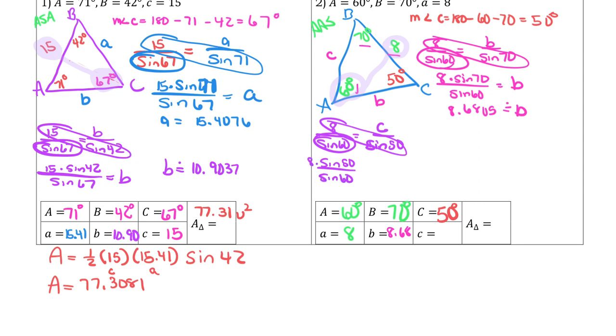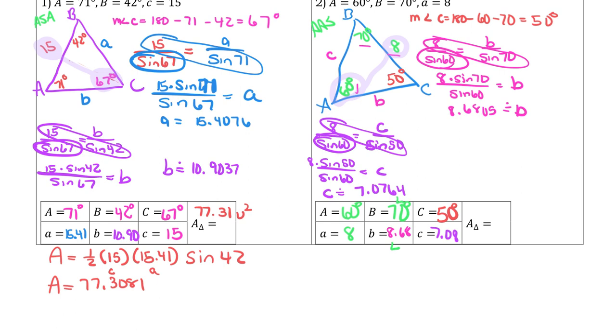And that's going to give me side C. So C is approximately 7.0764, so 7.08.